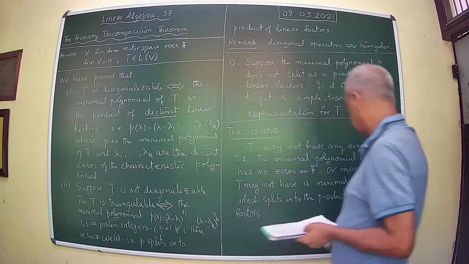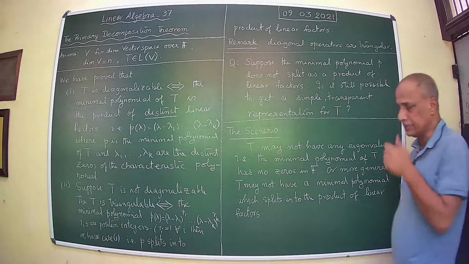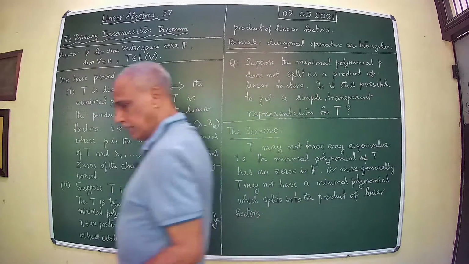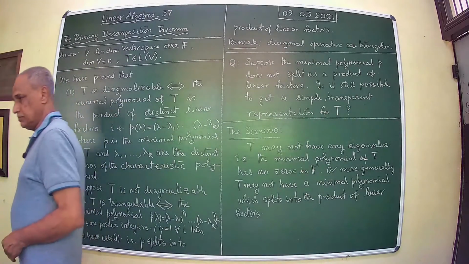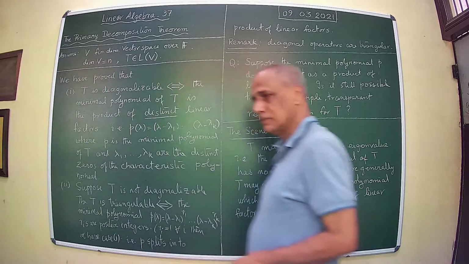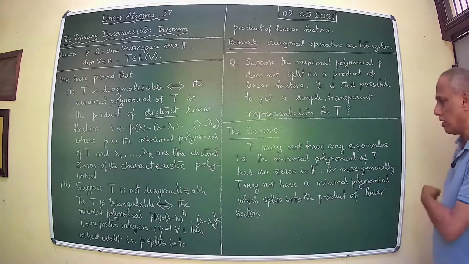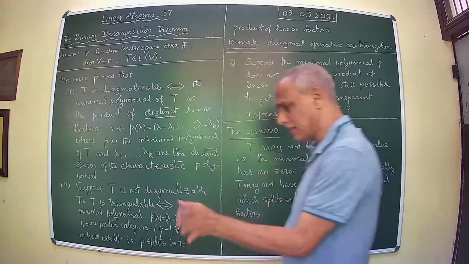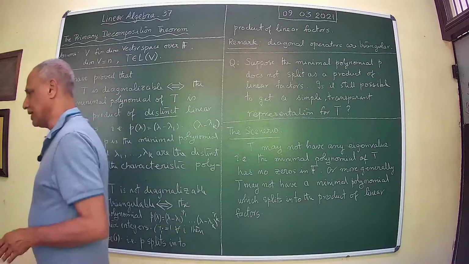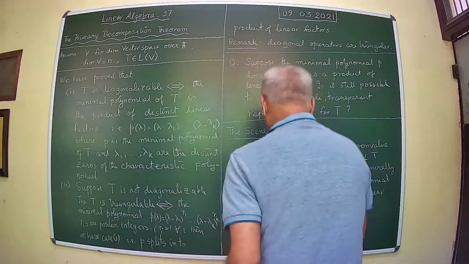That is, if there are some linear factors, then there are some corresponding eigenvalues. Therefore, we cannot have all its eigenvalues, or we cannot have sufficiently many eigenvalues.